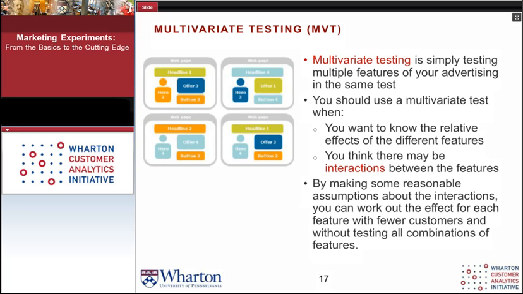So if you suspect any of those, you really should move into a multivariate testing program where you're manipulating multiple features of your advertisement at once. It turns out that by making some reasonable assumptions about the interactions, you can work out the effect of each item with fewer customers and without testing all the combinations.